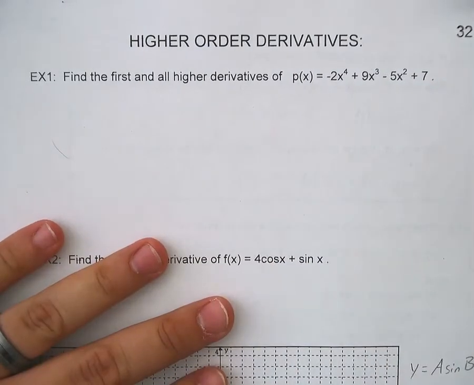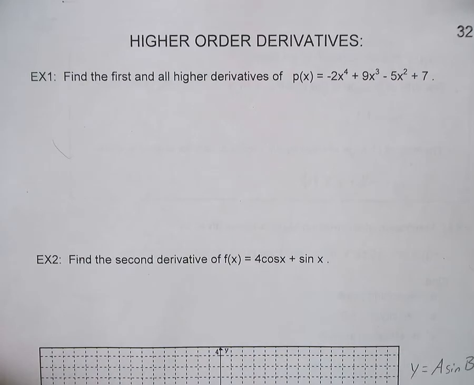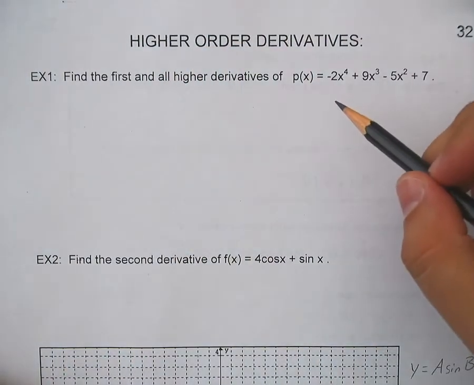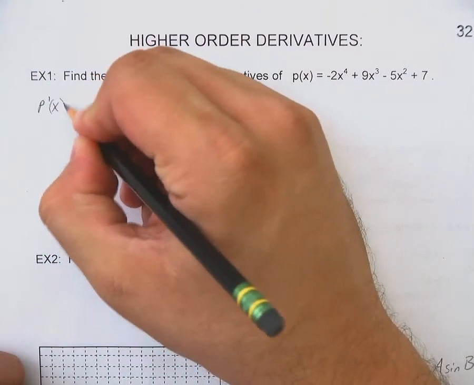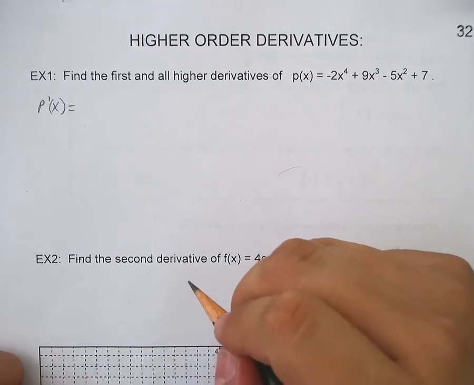Example 1 says find the first and all higher derivatives of, and it gives us a function p of x here. So let's work this out. First off, I want to find p prime of x, the first derivative.